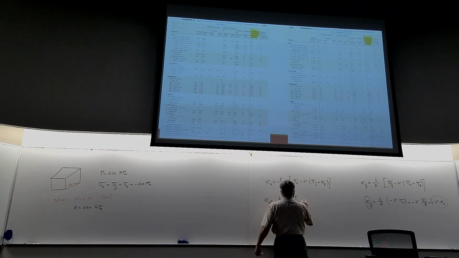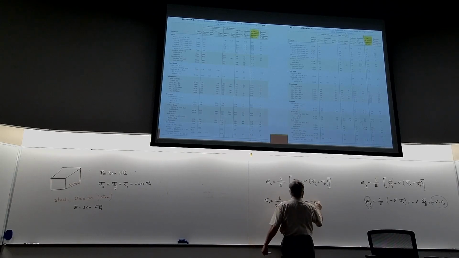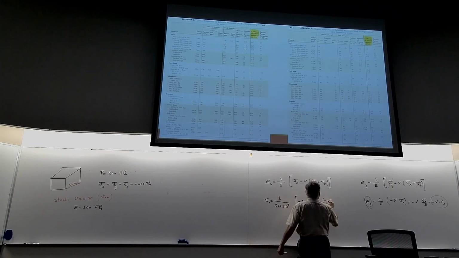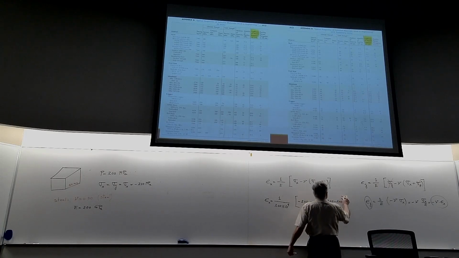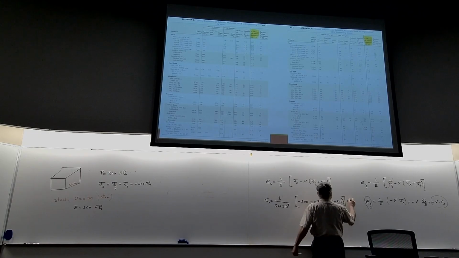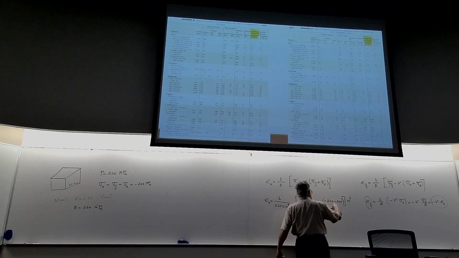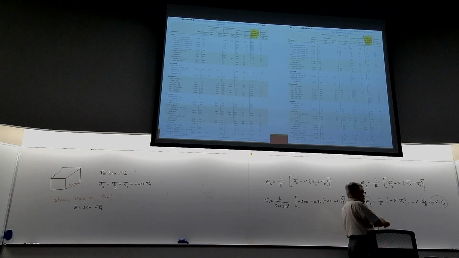So I use minus 200 for sigma x minus 0.30, and sigma y and sigma z are also minus 200. But the mega, I will do this once for all of them.